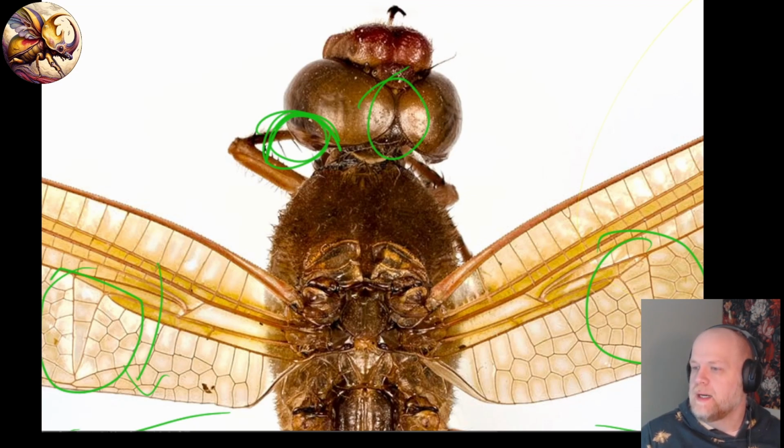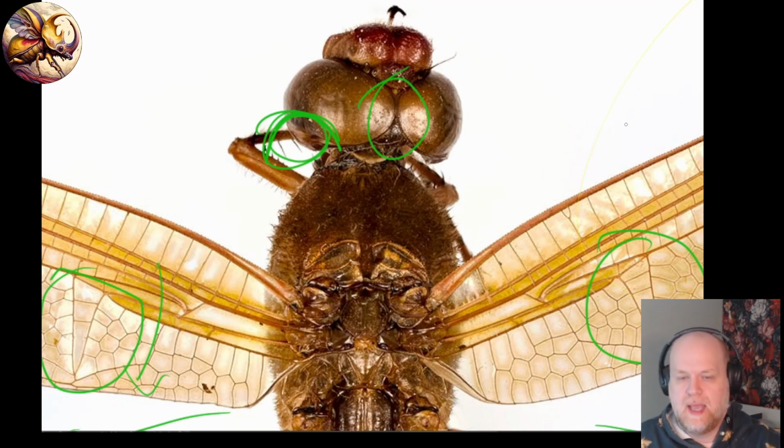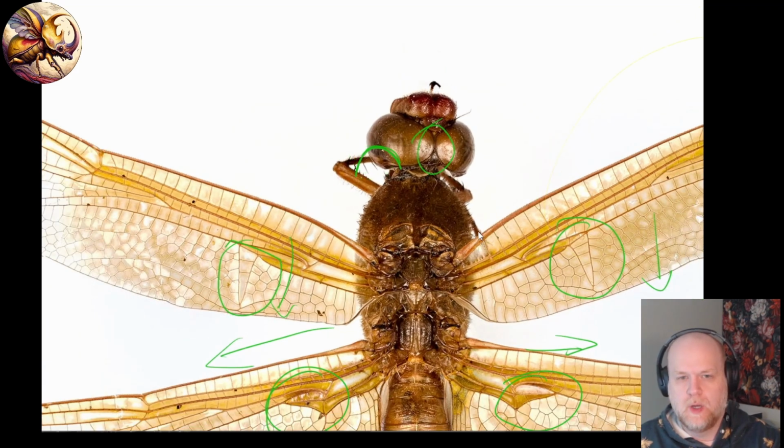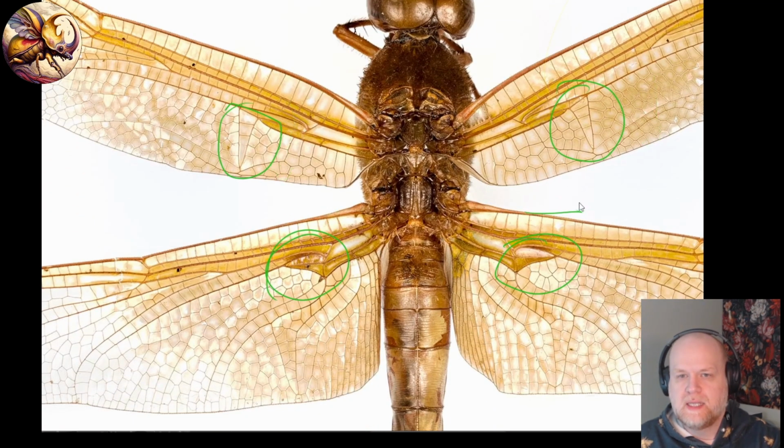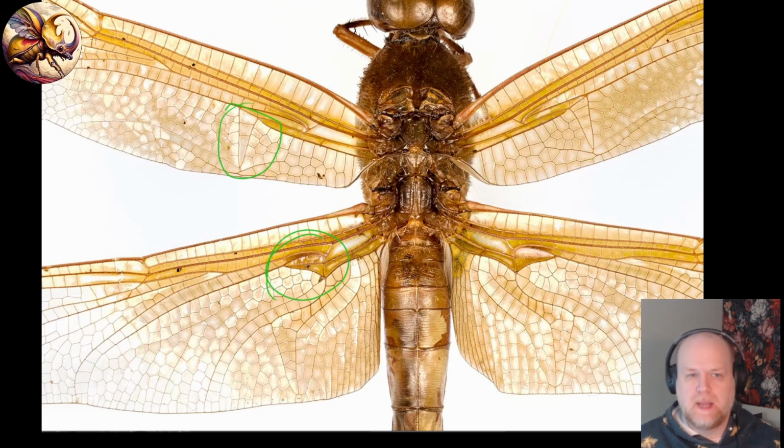And then this group has what is referred to as an anal loop on the hind wings. It's frequently referred to as a boot shape. So not only do you have these triangles, but you have this kind of weird shoe-shaped vein that runs around.